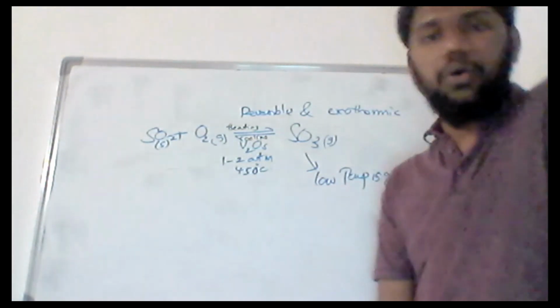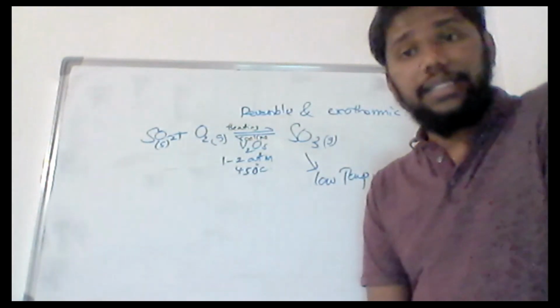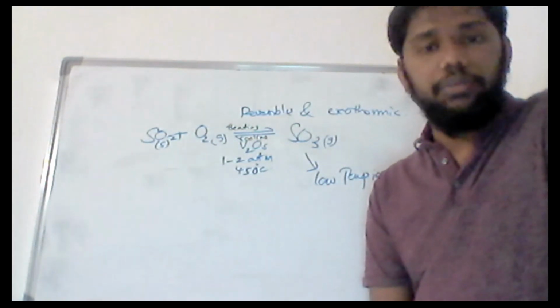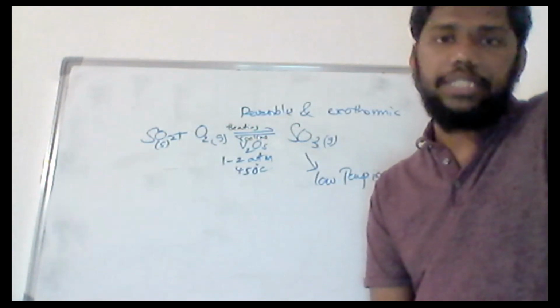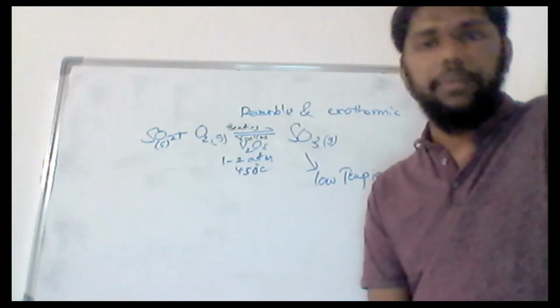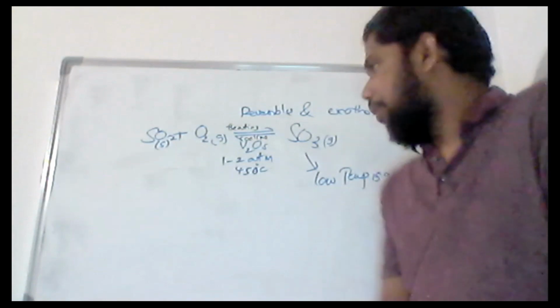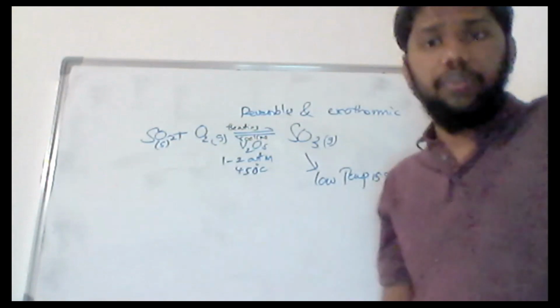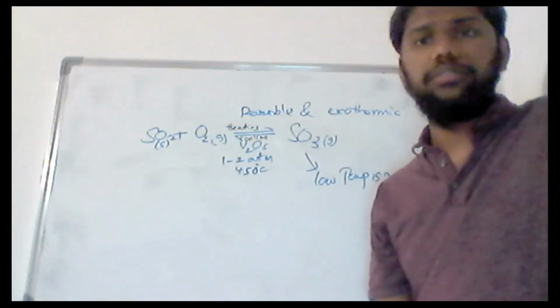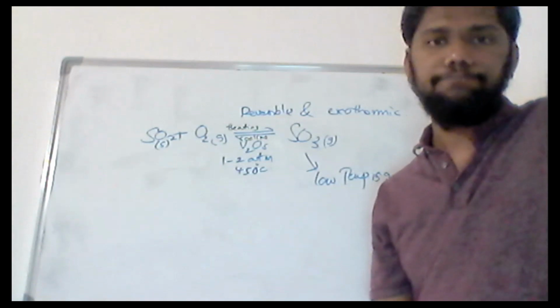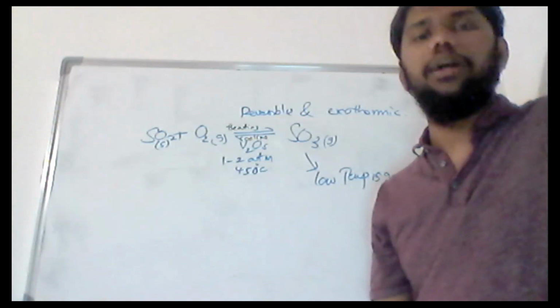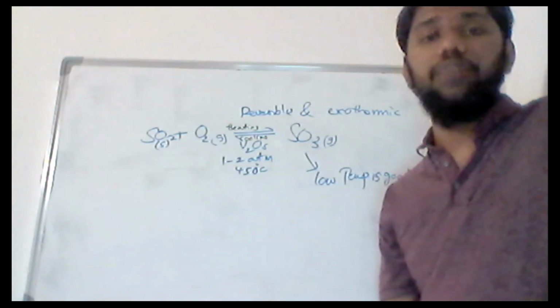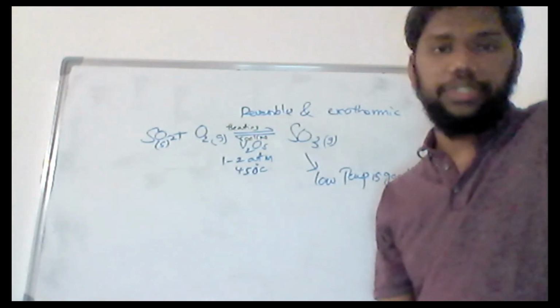According to Le Chatelier's principle, low temperature is good, but when you use low temperature, the reaction rate is minimal. So they have used an optimum temperature of around 450 Celsius. That is one explanation that you should give about the temperature usage.